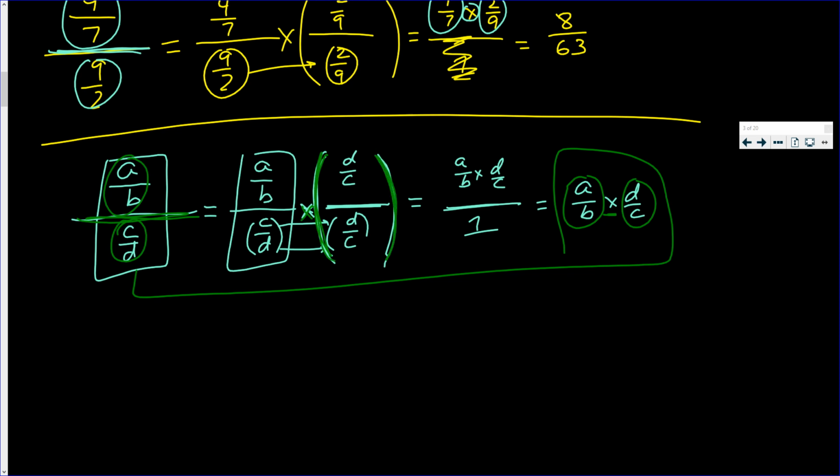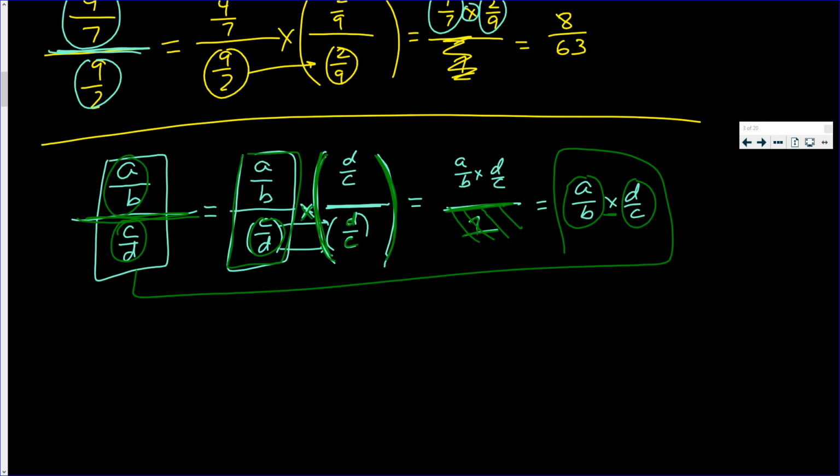That's all I did. I took the problem that I was given and I multiplied by 1 in a way where the denominator became 1. I just multiplied by the reciprocal of this. So now the denominator is 1, which means we could ignore it.